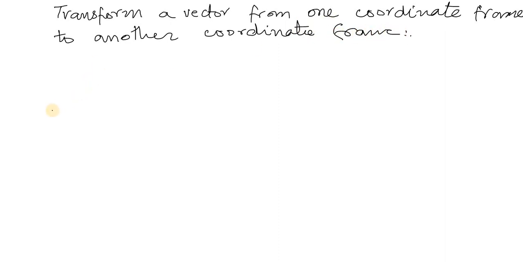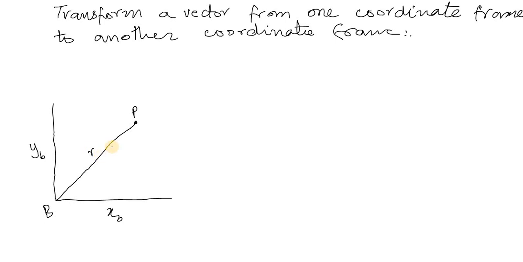So let's say here we have a vector in a frame, and the frame is called B. X of B, Y of B, so this frame is B. And here we have a vector pointing towards the point P of length R, and its y component is yb and x component is xb.